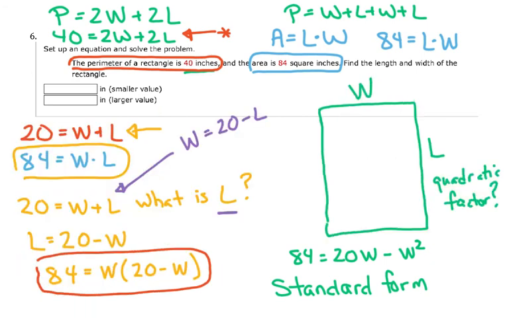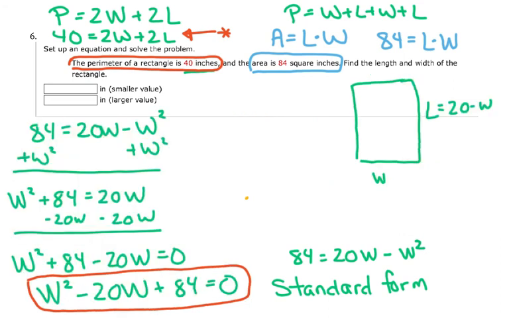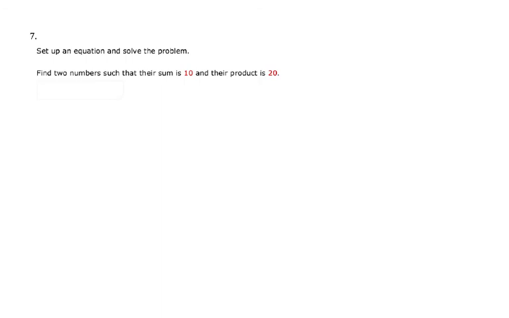But the key is to be able to go from here to either this equation involving the relationship between L and W or this one. Either one will work. Okay, I'm going to pause here so we can take a break and start this one fresh.